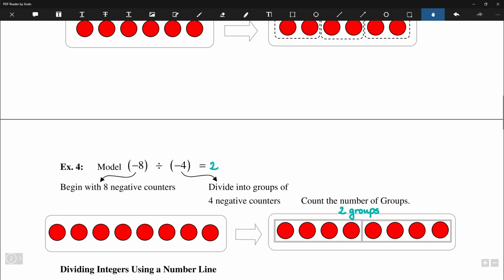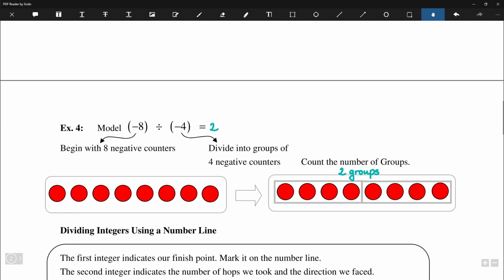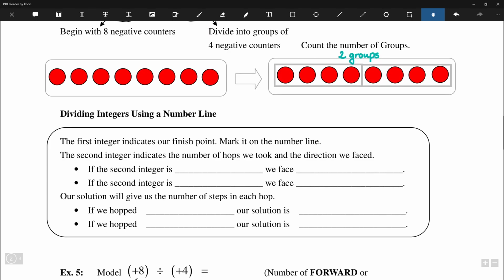So using counters doesn't handle a positive integer dividing by a negative integer particularly well, but we can look at other models that can help us look at what the answers could be in those cases. And that model will be the number line. So the first integer in our division questions indicates our finish point, and we'll mark it on the number line.